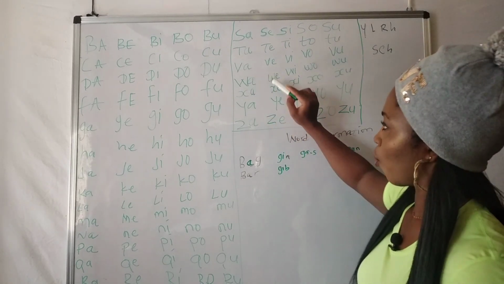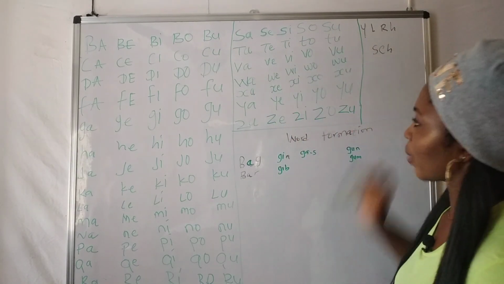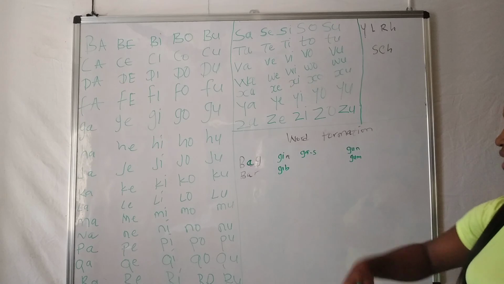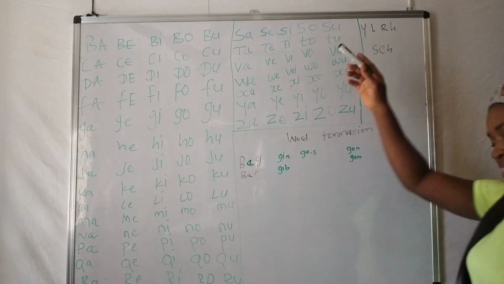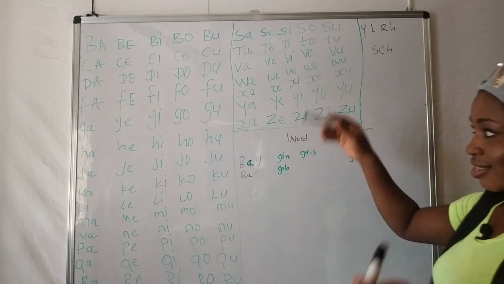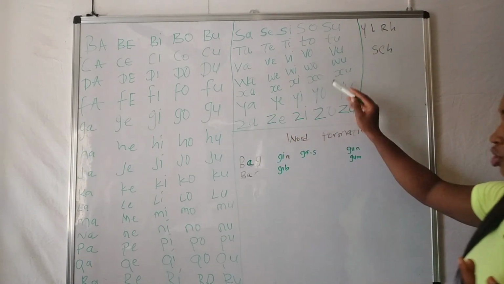This is wa, we, wo. Okay, and this is which one? This is ya. This is yi. Yi sound, which is the Y. This is ya, ye, yi, yo, you.